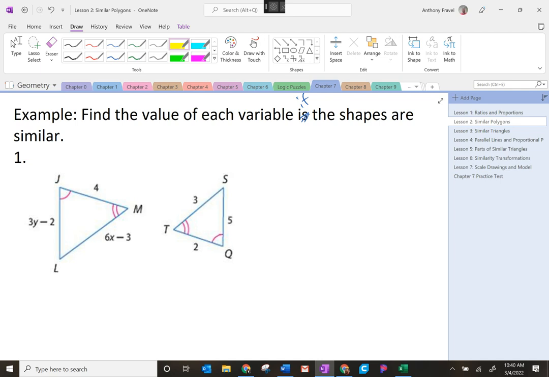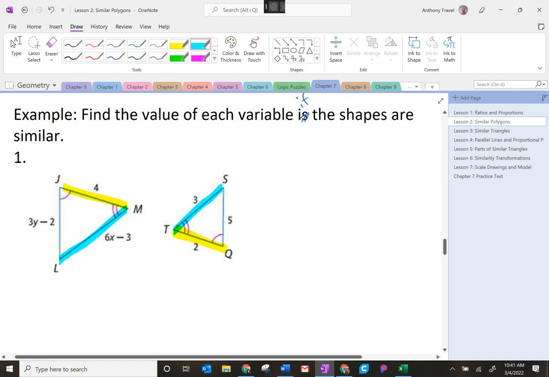All right, the first thing I'm going to do is match up the sides that are going to be similar. In between the 1 swoop and the 2 swoop, these numbers will be the same. In between the 2 swoop and the no swoop, these sides will be the same. And then in between the 1 swoop and the none, these ones will be the same.